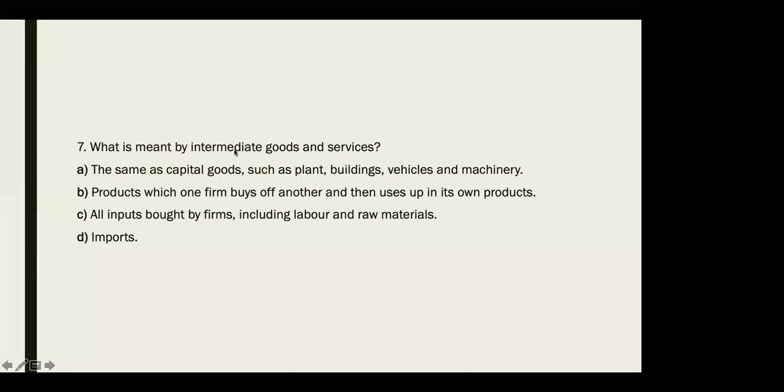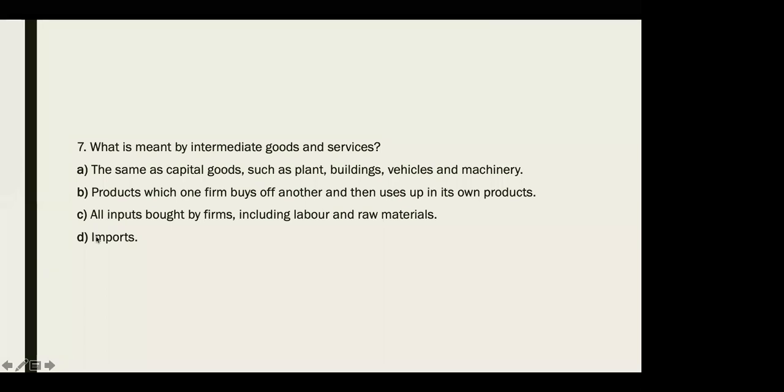What is meant by intermediate goods and services? This is also a straightforward question, a counter to question number 6. The same as capital goods such as plant, buildings, vehicles, and machinery? No, capital goods are different from intermediate goods. All inputs bought by firms, including labor and raw materials? You cannot take all the inputs, so this option is also wrong.